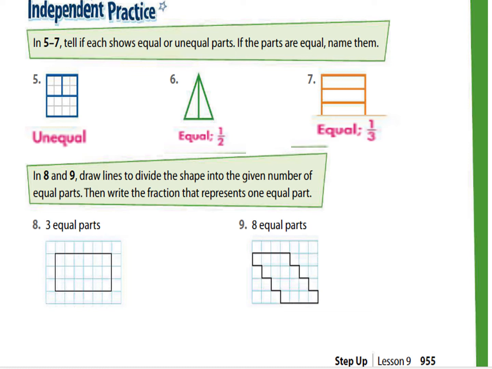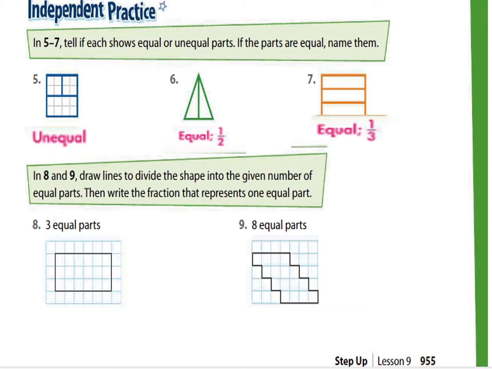You will find them 18 and say 18 divided by 3 equals... amazing, 6. So we should have 6 small squares in each part.